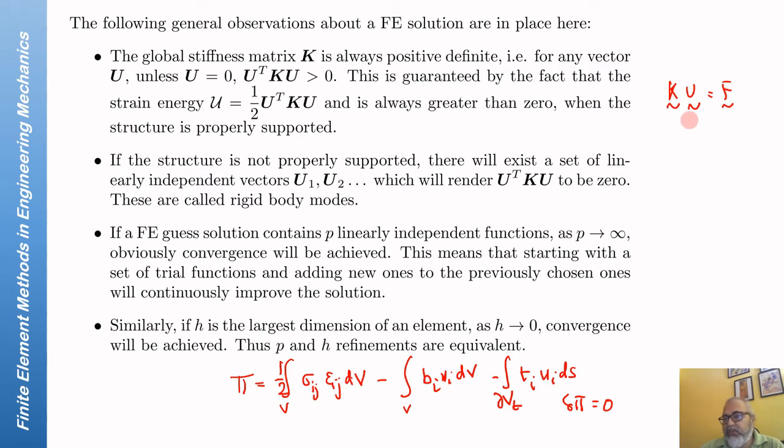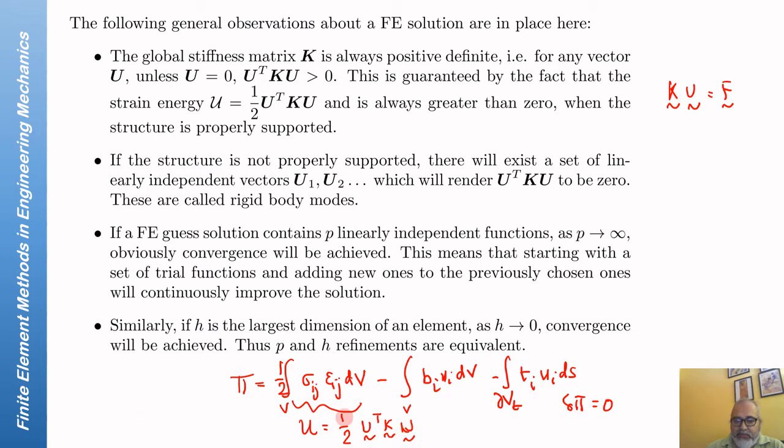The global stiffness matrix times the global displacement vector or field variable vector is equal to some kind of generalized force F. Now, if you accept this, then you will see that this quantity, which is the strain energy of the body, is equal to half U transpose K U. You can prove this pretty easily.